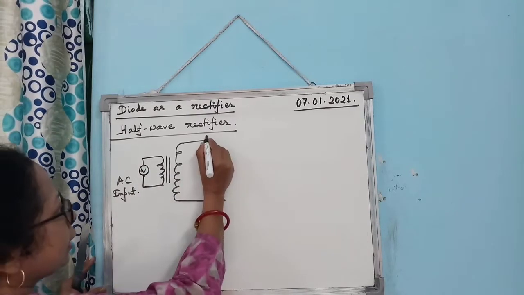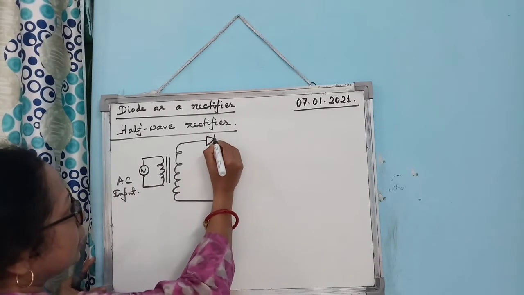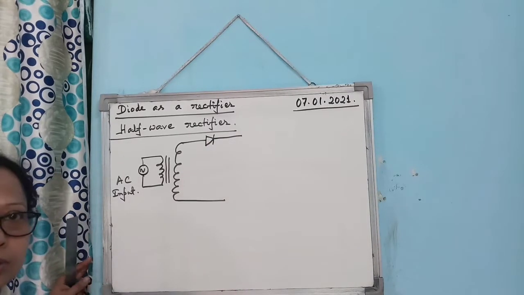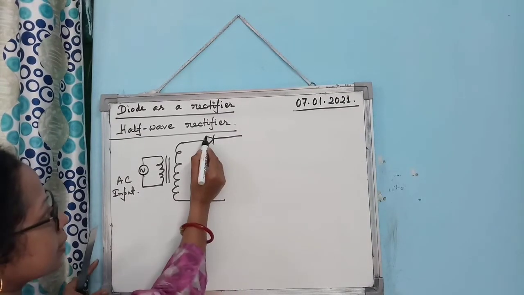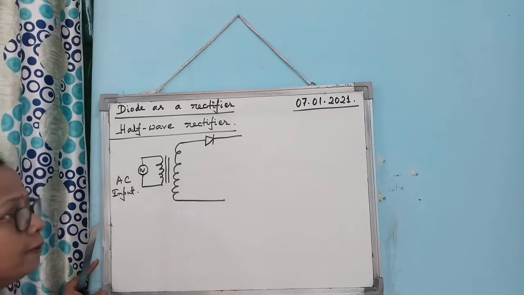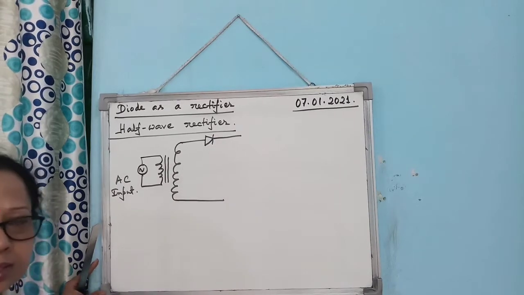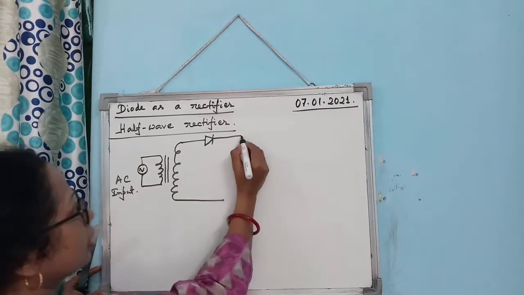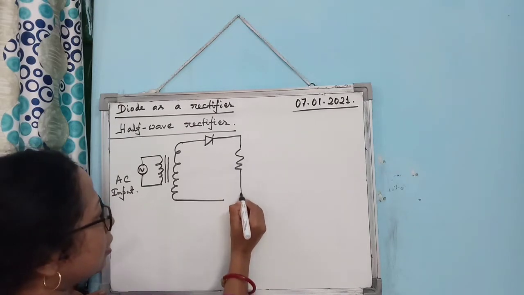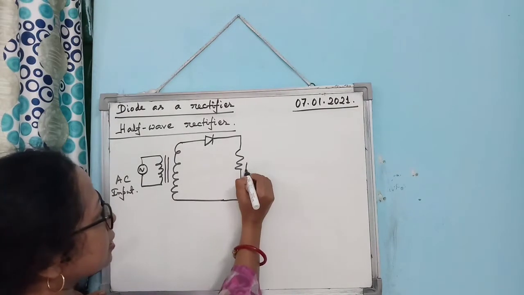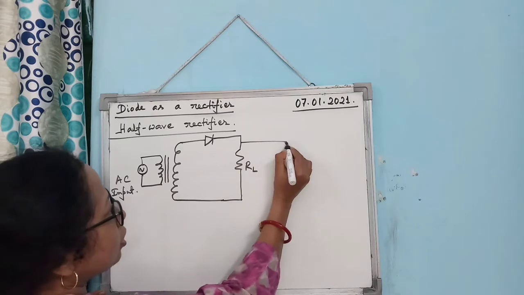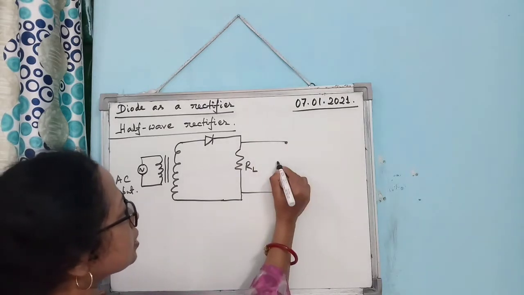Then you connect one diode, a PN junction diode. I hope you can remember the symbol. This triangle is the P region and this bar is the N region. This is the PN junction diode. And then there is a load resistance. This is the load resistance across which output is measured.